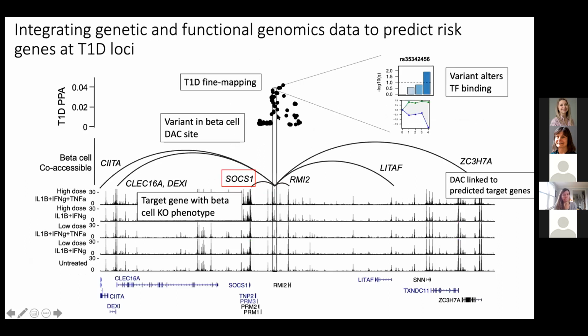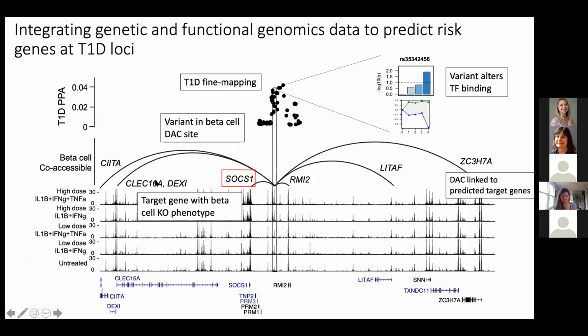And so here's just an example of layering all these pieces of information together to try to understand risk mechanisms in beta cells. So we have fine mapping data for T1D. Variants lie in sites that respond to cytokine exposure. Among these, variants have evidence for affecting transcription factor binding. We link from these sites over to potential candidate genes using 3D interaction and co-accessibility type information, which implicates several genes.